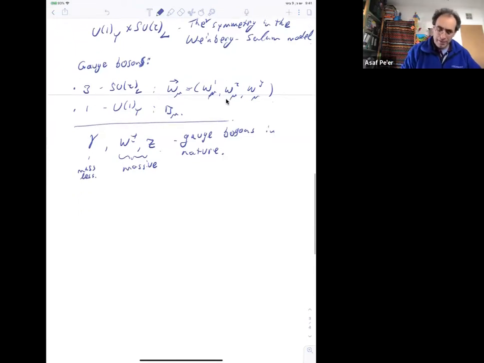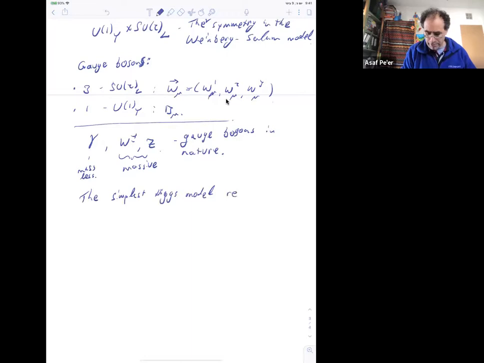So the simplest Higgs model, I would say, requires 4 real scalar fields, which is 2 complex.